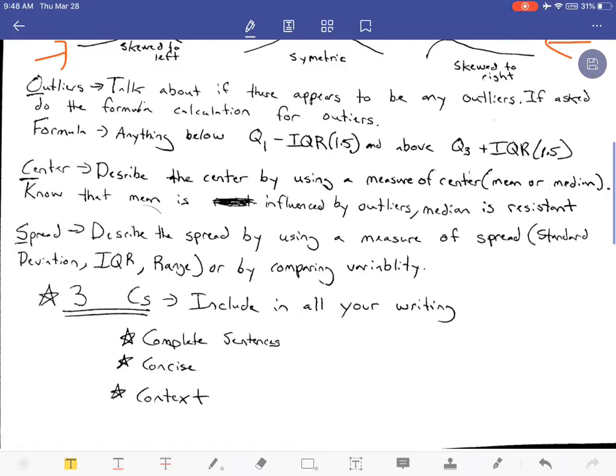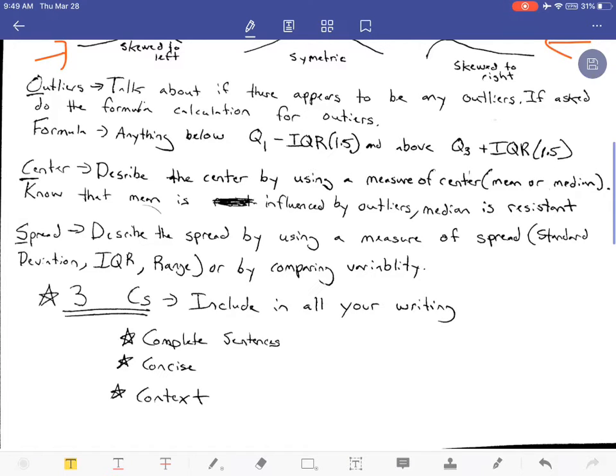Then for spread, you want to describe the spread by using a measurement of spread. So you can talk about what the standard deviation is, the interquartile range, or the regular range. Remember, regular range is just the maximum value minus the minimum value. Depending on what information is given to you in the problem, depending on what graph you're dealing with, that's going to determine what form of spread you want to use.